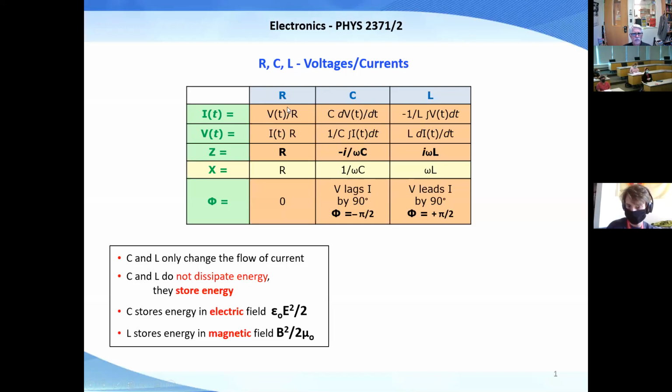We saw that in a resistor, the current and voltage are in phase, but in capacitors and inductors, they're out of phase, and that depends upon the frequency. There are also frequency-dependent devices, where resistors are not frequency-dependent devices.